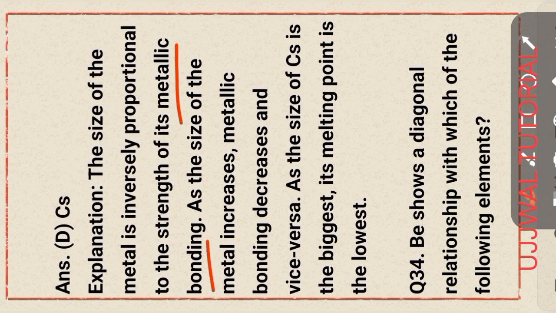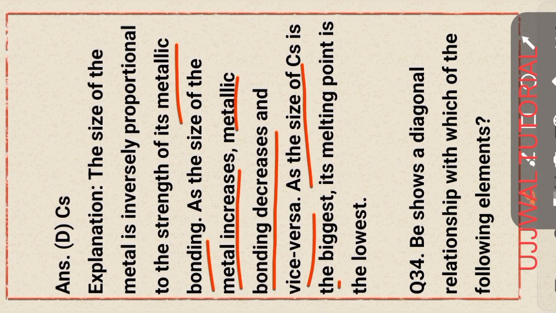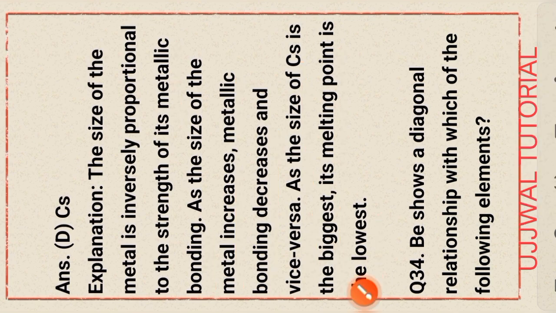As the size of the metal increases, metallic bonding decreases, and vice versa. As the size of cesium is the biggest, the melting point is the lowest.